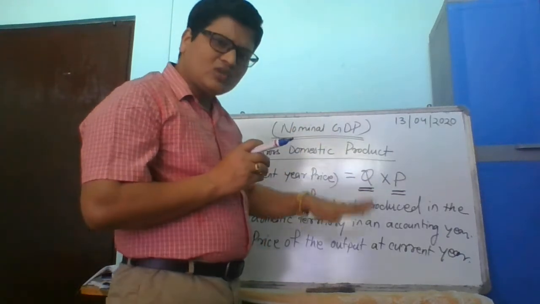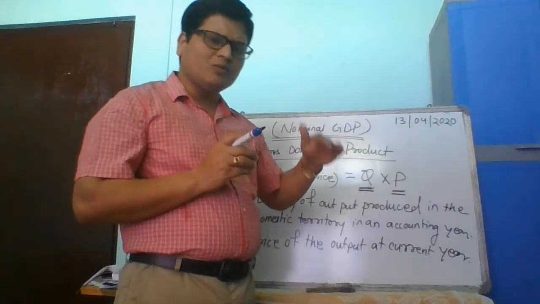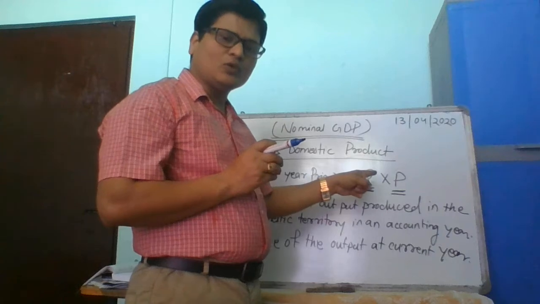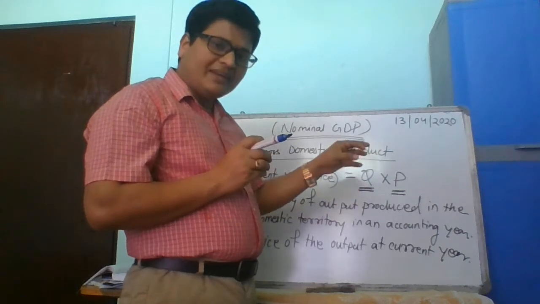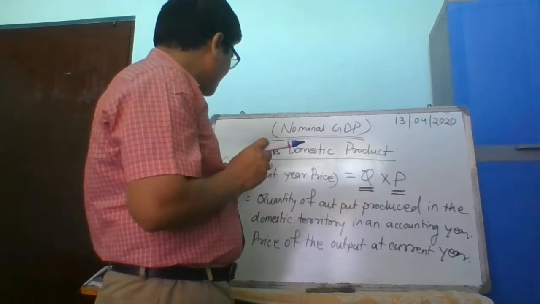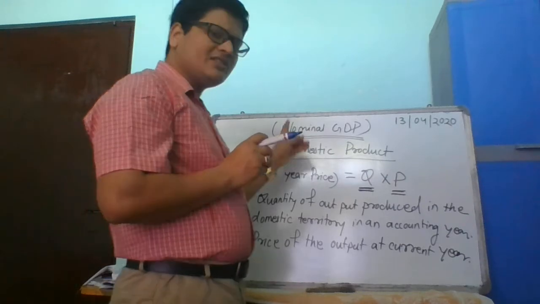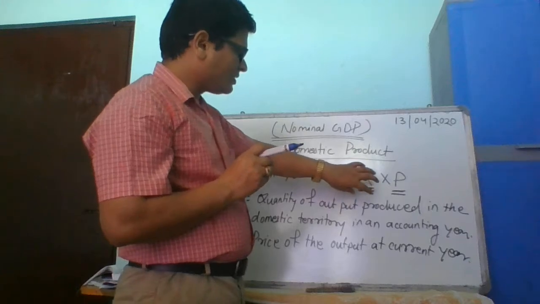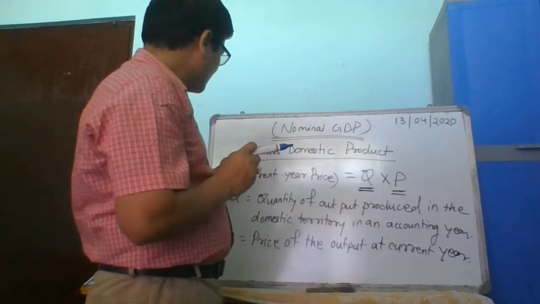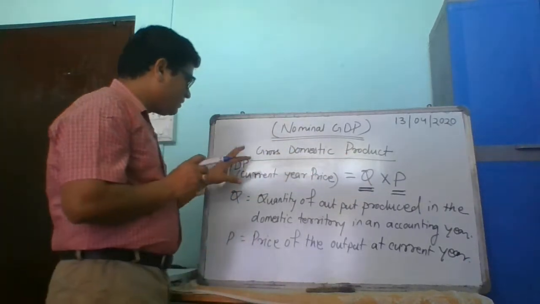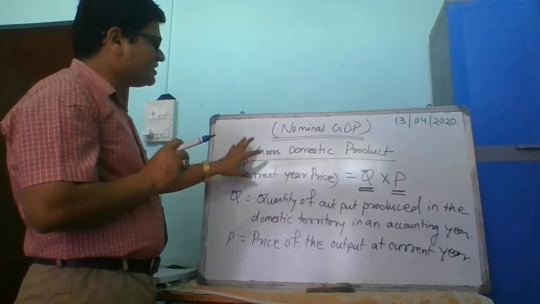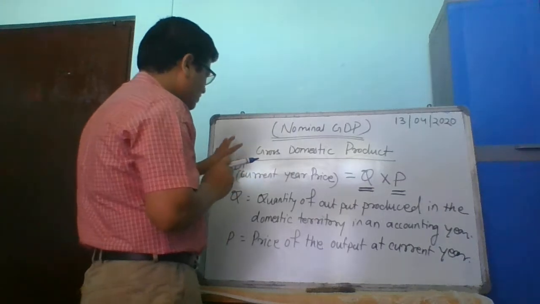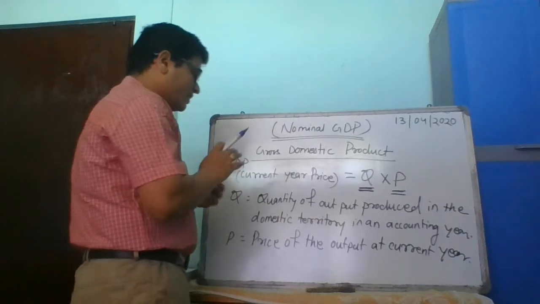Either an increase in price of the commodity or in quantity of output brings an increase in nominal GDP. Both. If quantity increases, nominal GDP increases. If price increases, nominal GDP increases. Suppose you take an example.